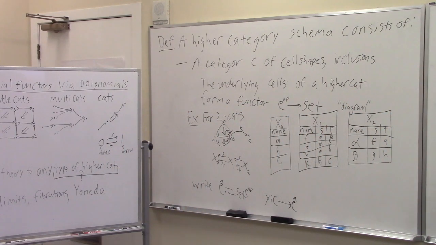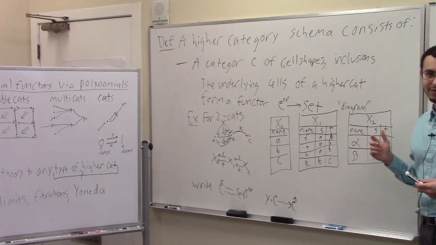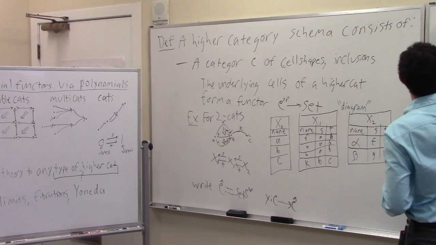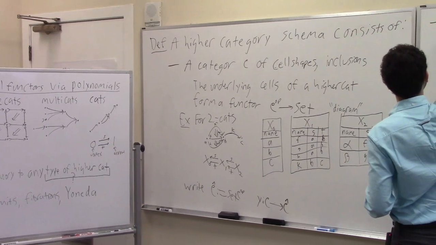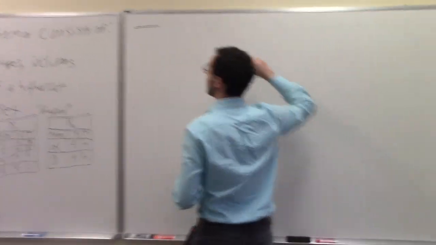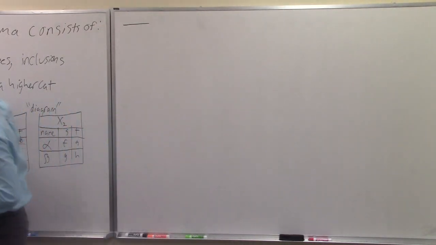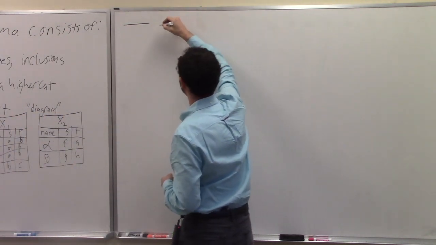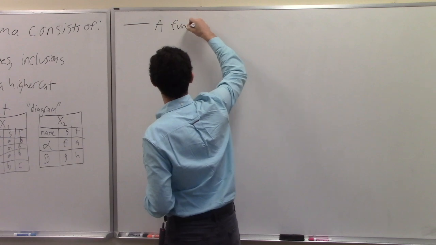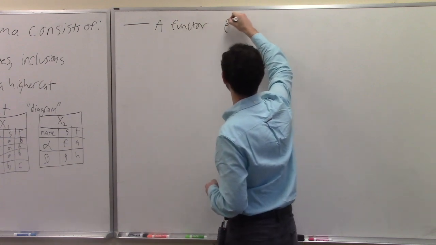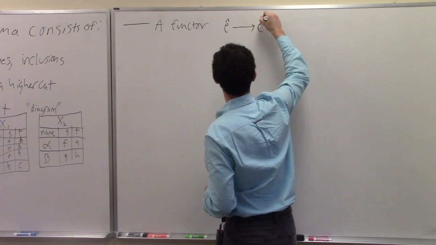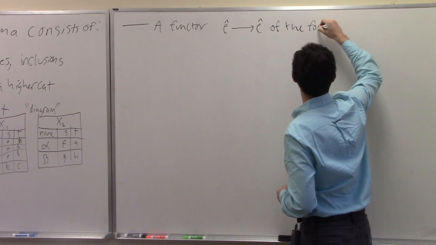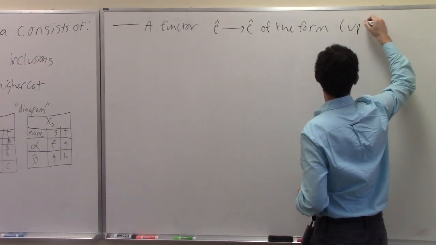So what else do we need to define a higher category schema? Well, we also need some algebraic structure. And so what does that look like? To describe the algebraic structure, we need a functor from C hat to C hat, which is of the following form, at least up to isomorphism.